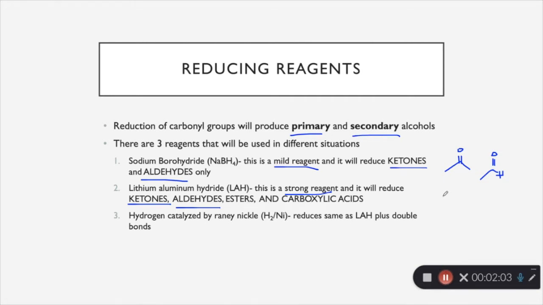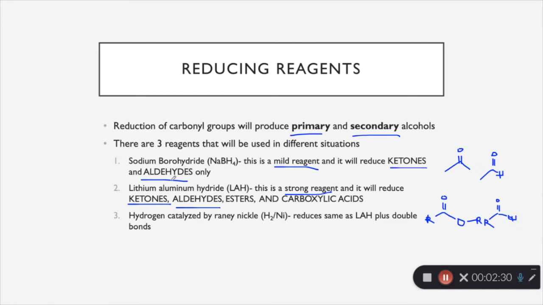So an ester looks like an oxygen double bonded to a carbon with an R group on one side, and then on the other side you have an oxygen bound to another R group. And then a carboxylic acid is going to be an oxygen double bonded to a carbon to an R group and then to a hydroxyl group.